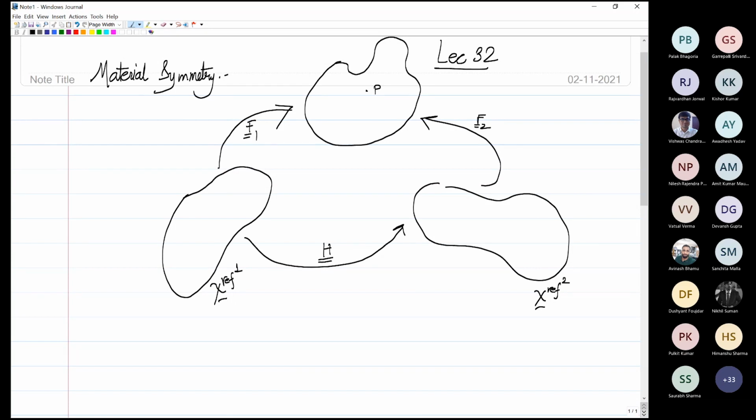That helped us to write that the Cauchy stress response function with respect to reference configuration 1, we denote by sigma 1 hat, and the Cauchy stress response function with respect to reference configuration 2, we denote by sigma 2 hat. So sigma 1 hat of F1 should be equal to sigma 2 hat of F2.